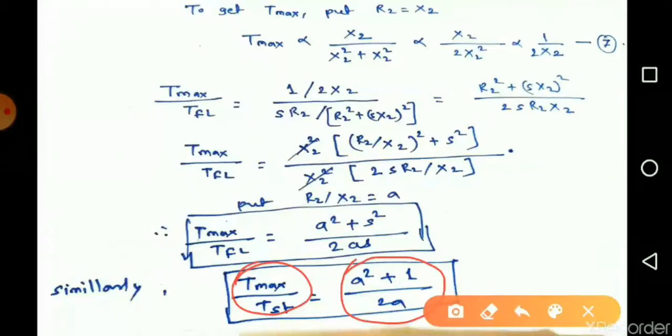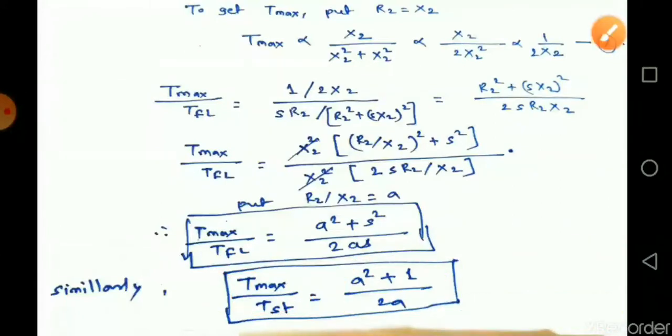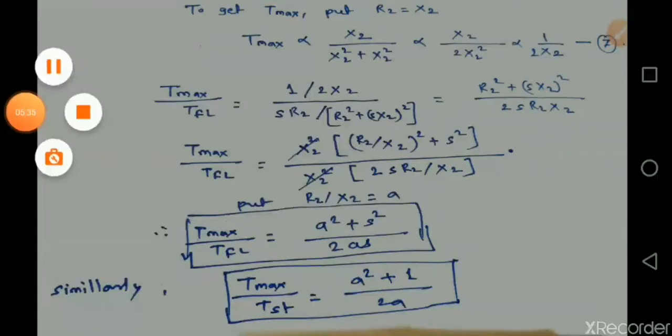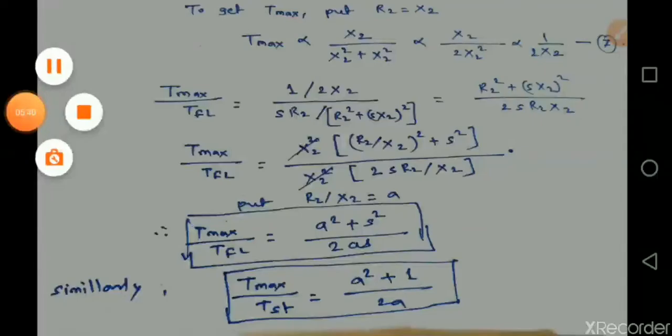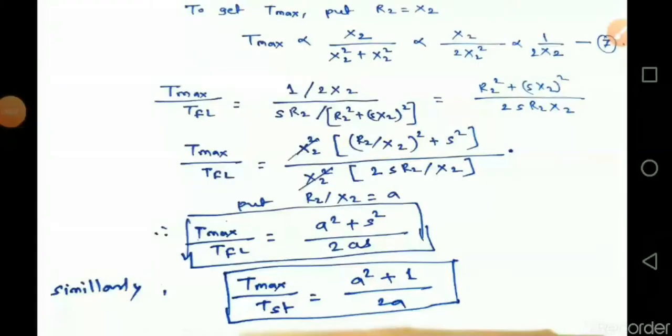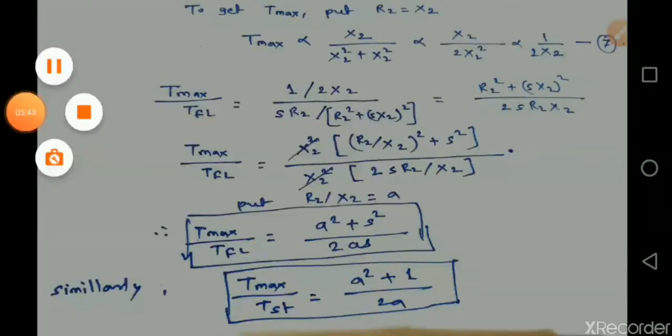Or I can say, if in the previous equation we keep the S value equal to 1, we come to this same conclusion. With this, we have had a brief discussion about the starting torque, running torque and maximum torque under both conditions, as well as the relationship between all these different torques. Thank you.